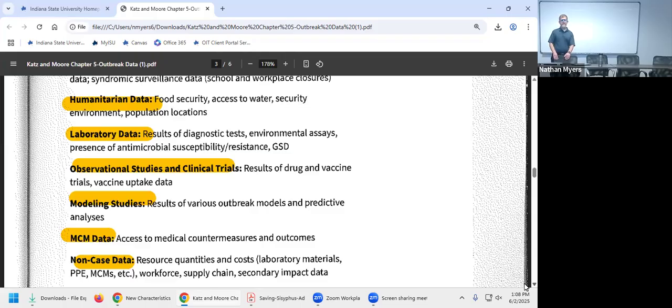Observational studies, clinical trials. If we look back at COVID-19 with the different vaccines, conducting those trials to test whether the vaccine was safe and whether it was effective, all of that was going on throughout 2020.